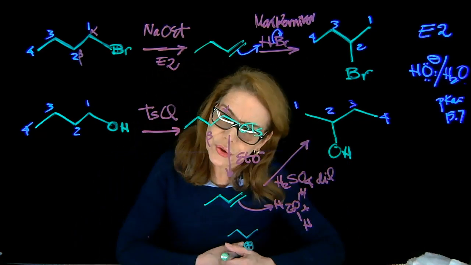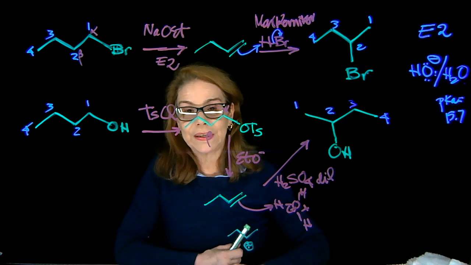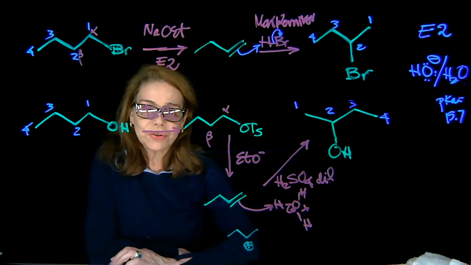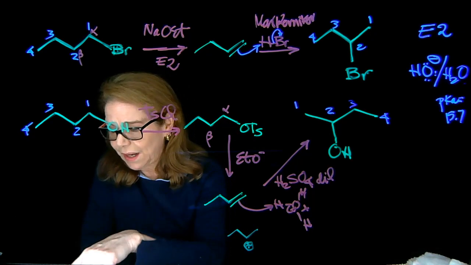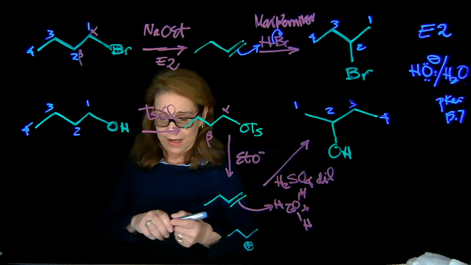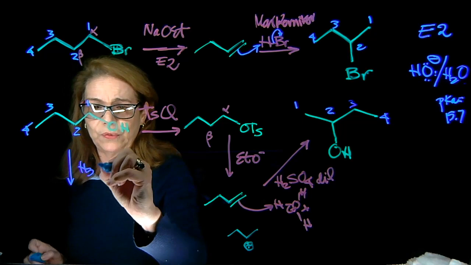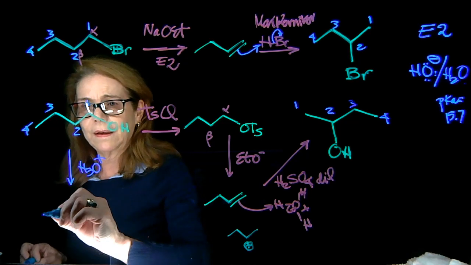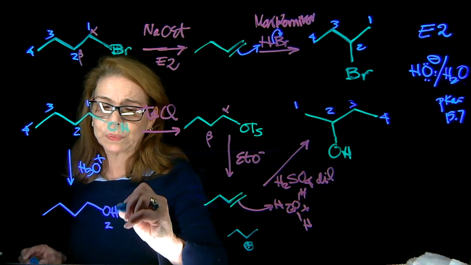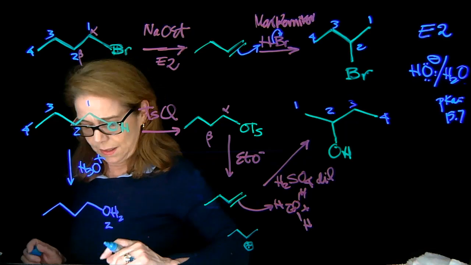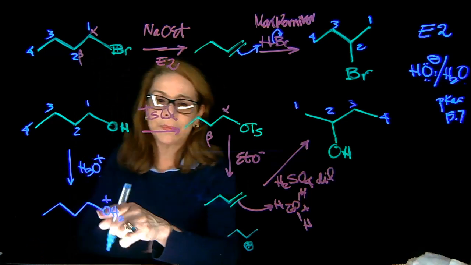Another way that we use to make OH a better leaving group is using acidic conditions. However, in this case, we're not going to be using that because if we do this under acidic conditions and we do protonate this, we're not going to promote an E1, because you will not form a primary carbocation.